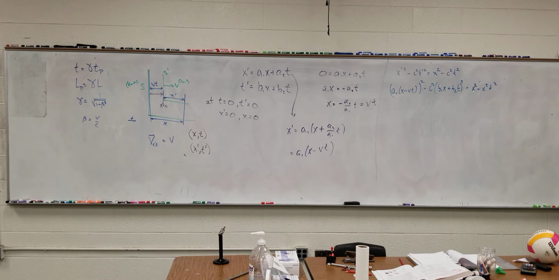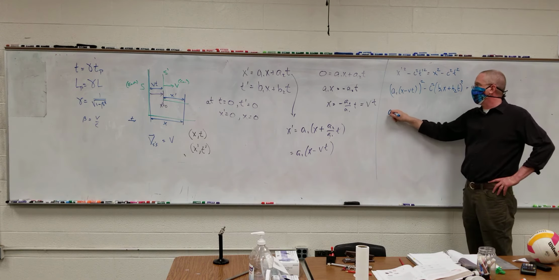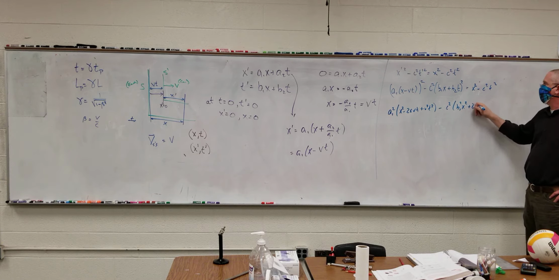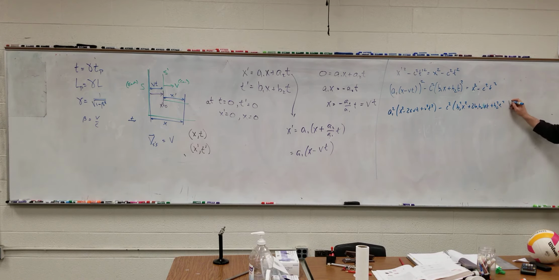We go through the joy of multiplying this out, so this is a1 squared times x squared minus 2xvt plus v squared t squared, minus c squared times b1 squared x squared plus 2 b1 b2 xt plus b2 squared t squared, equals x squared minus c squared t squared.